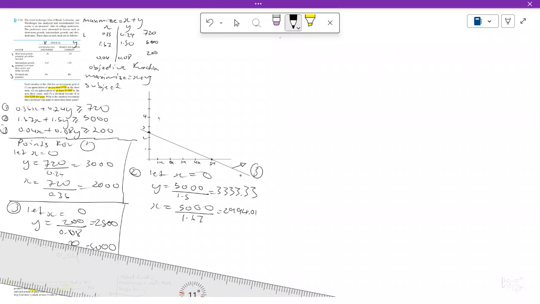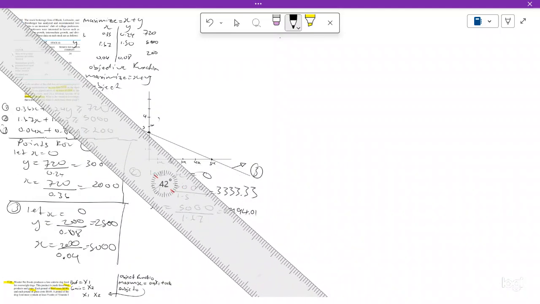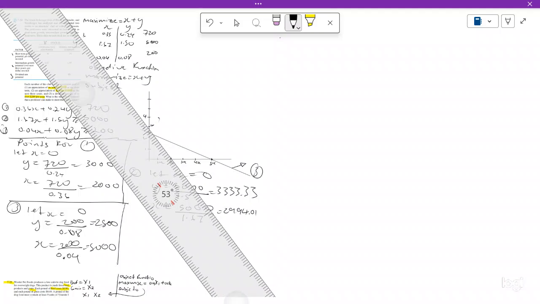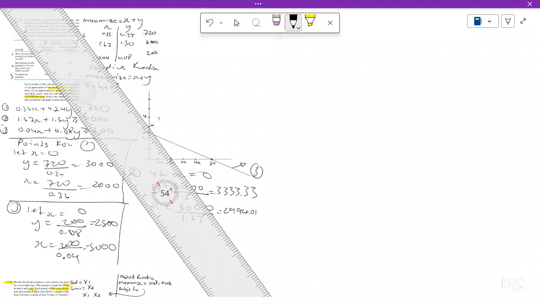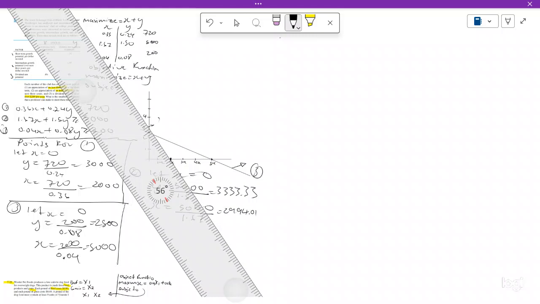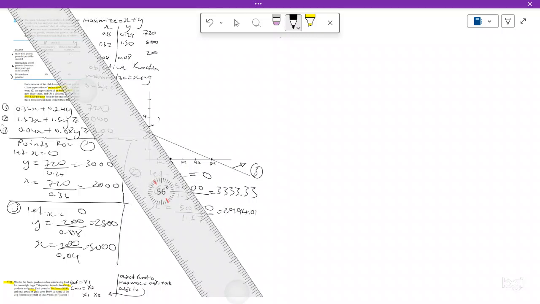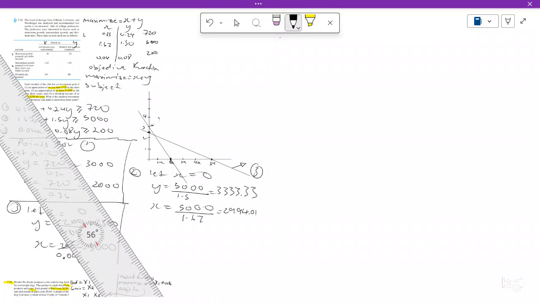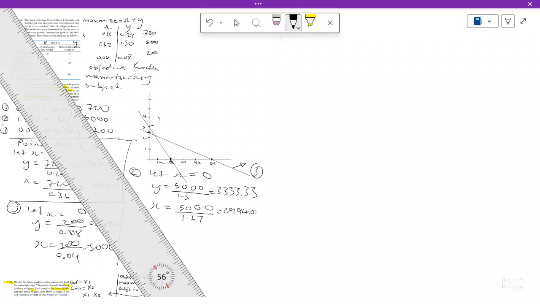We start with the 5,000 minus 200, then plus 0.08y, then we need the minus 1.5y. Okay, then what is this? This is x. So 1.67 minus 0.04, you're getting 1.63. That is your x.